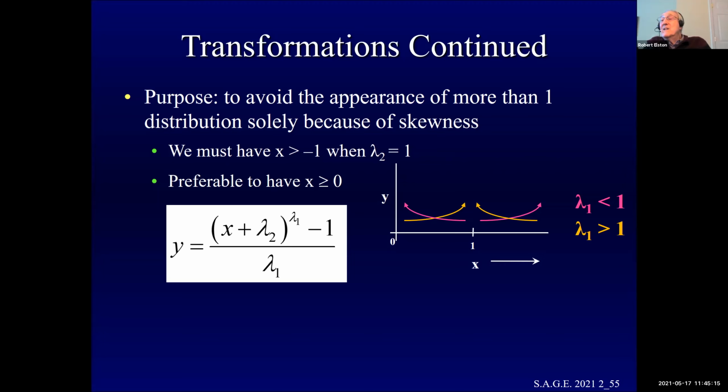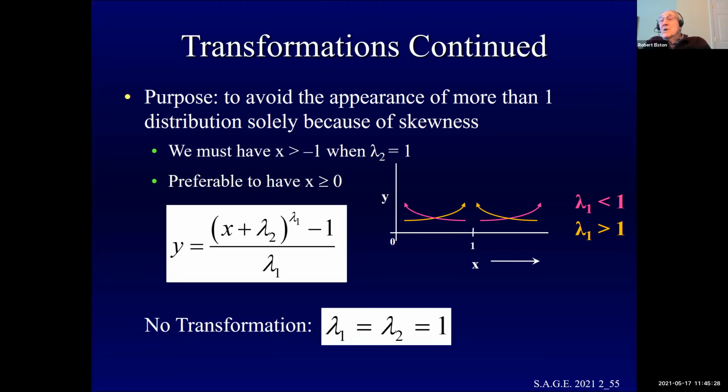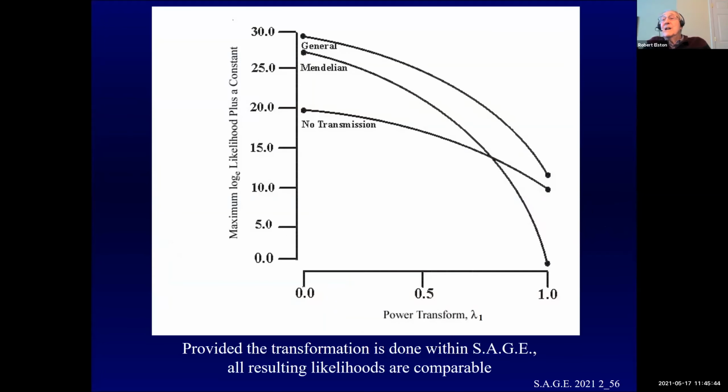On the other hand, if lambda 1 is greater than 1, it pulls them in, as you can see with those yellow arrows. No transformation is exactly the same as lambda 1 equals lambda 2 equals 1. You stick lambda 1 equal lambda 2 equal 1 in that transformation, and you see there's no transformation whatsoever. It will give you time to work it out.